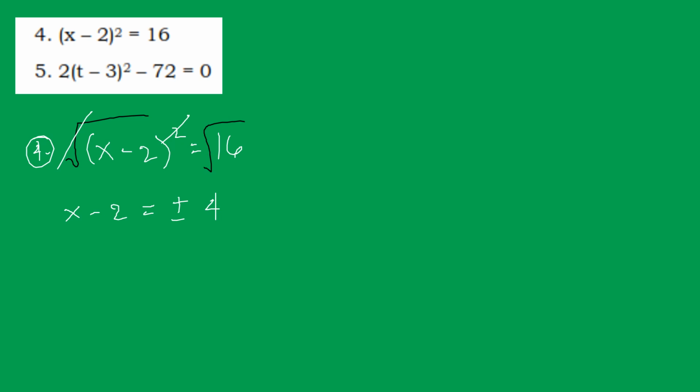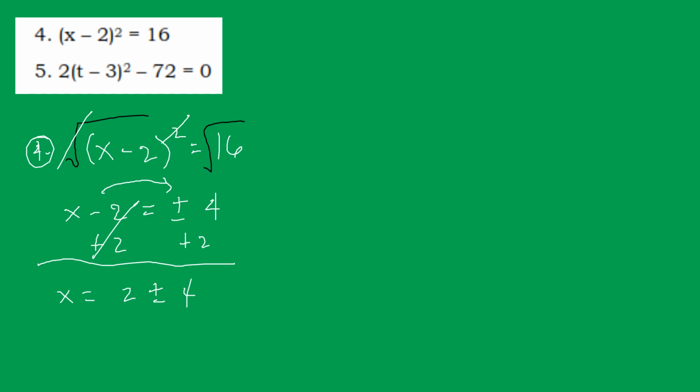And then, kailangan masolve natin yung x, ililipat natin yung negative 2 on the other side, and for that, we just need to add positive 2 on both sides. So, plus 2. So, we have x is equal to, cancel na to, 2 plus or minus 4. Hindi pa natin siya pwedeng pagsamahin kasi dalawa pa yung given natin dito.